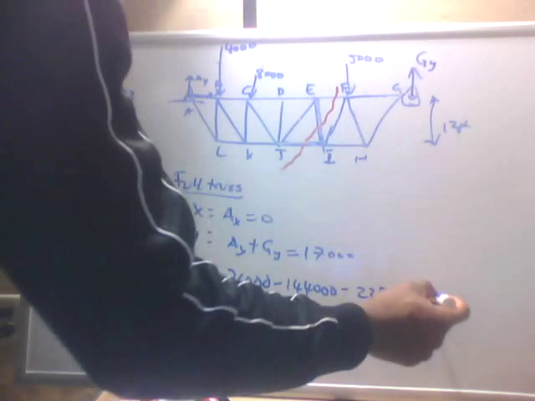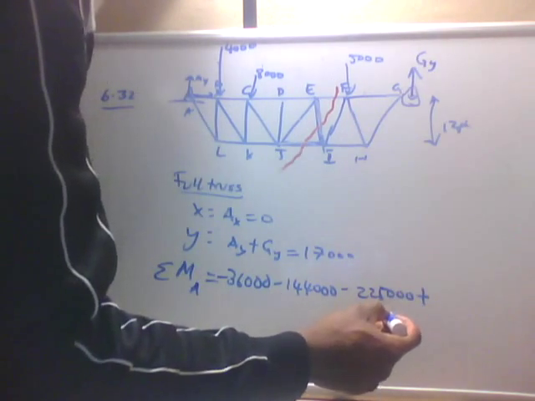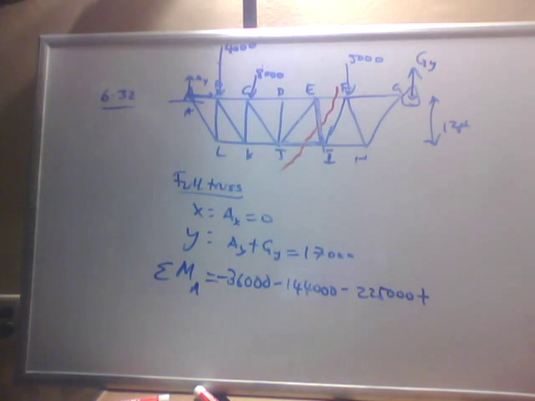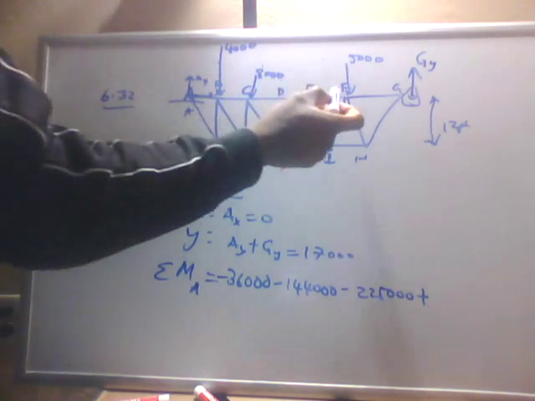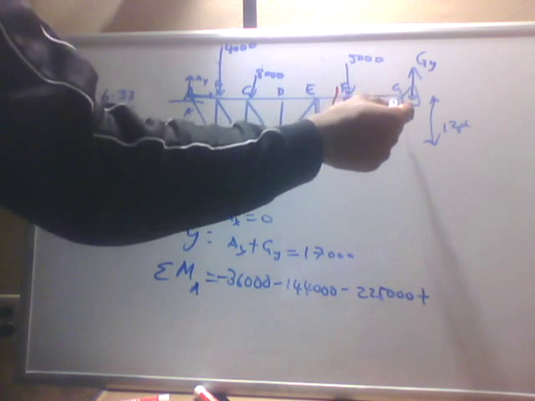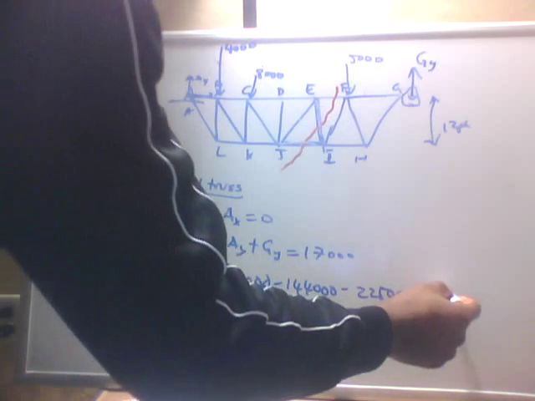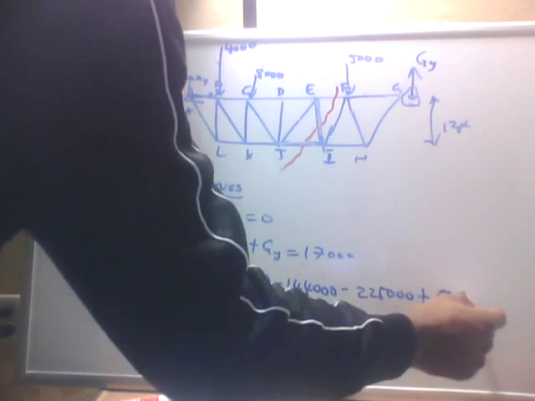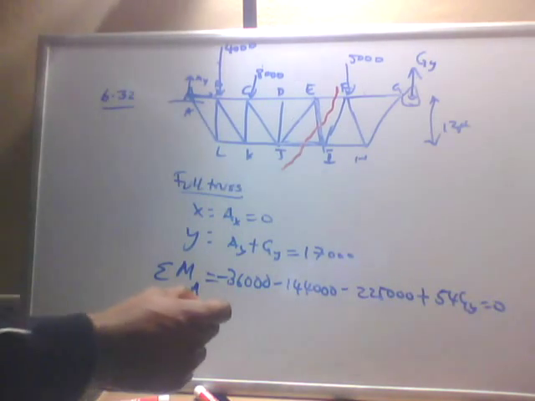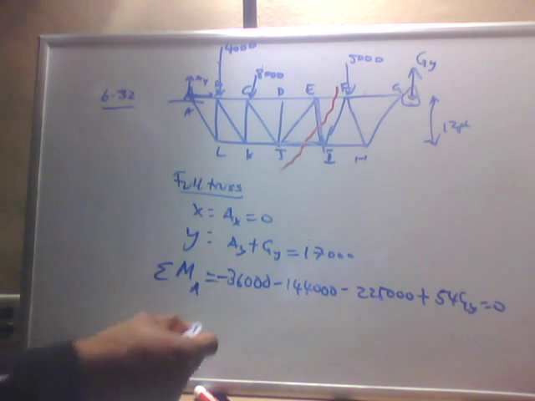And I'm choosing GY up, so that's anti-clockwise plus GY times 54. 54 GY equals 0.